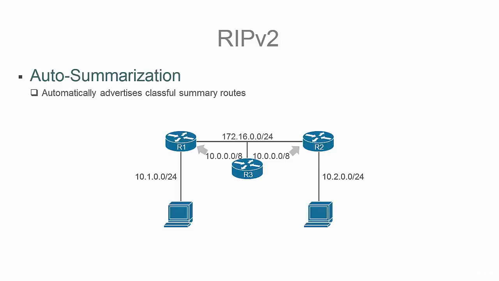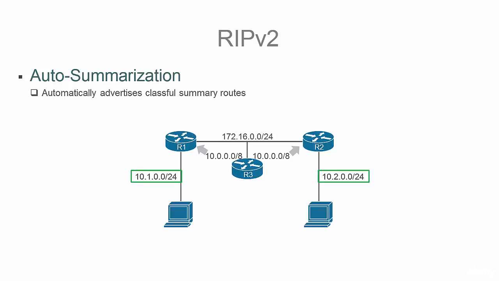So when it wanted to send traffic to 10.1 or 10.2, it would actually be equal cost load balancing its traffic, one packet to R1, one packet to R2, depending on which network it was going to. And you can see how this could really cause some issues in a network because R3 doesn't know the right path to go to get to the specific networks.